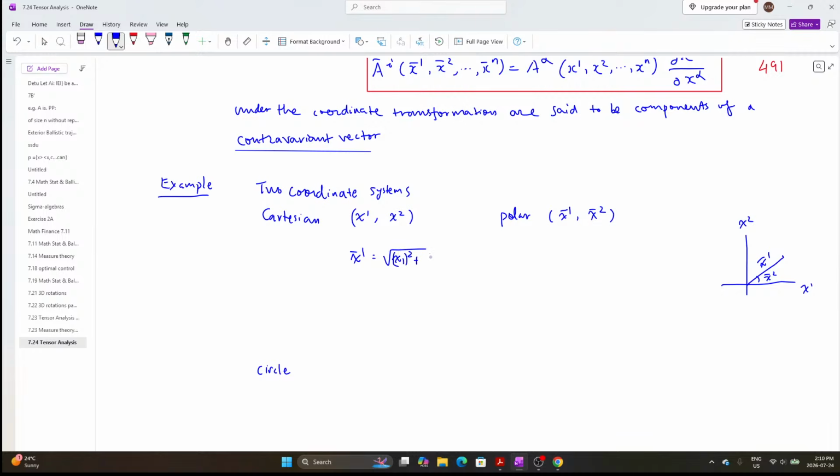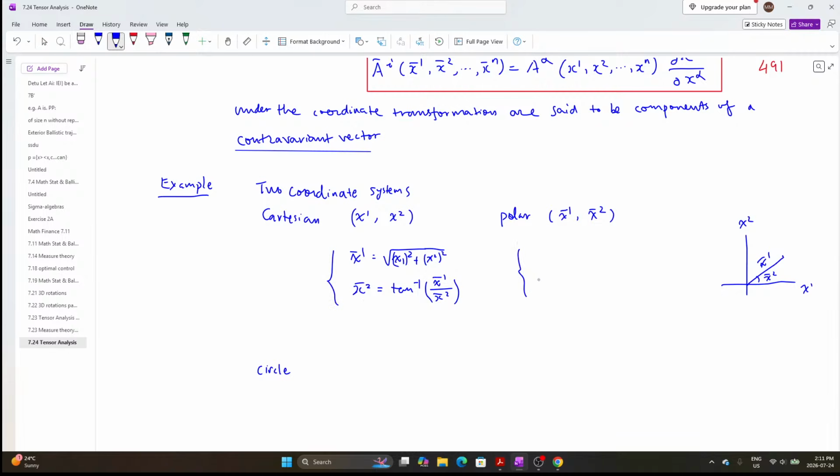Okay, I'm going to use brackets to indicate squares, so there's no confusion about the indices. And x bar 2 is the inverse tangent of x2 over x1. At least locally this makes sense. Right. So that's the transformation from x1, x2 to x bar 1, x bar 2.